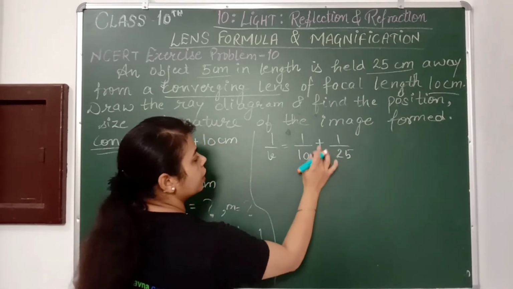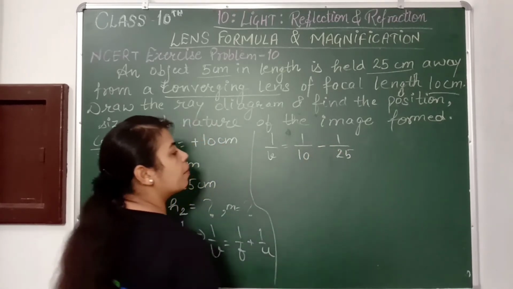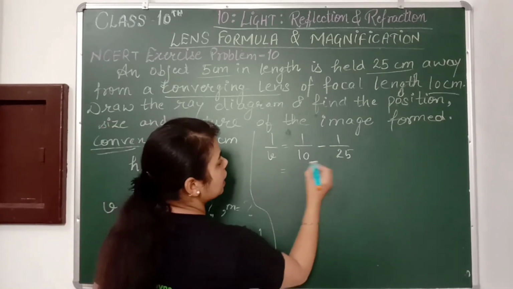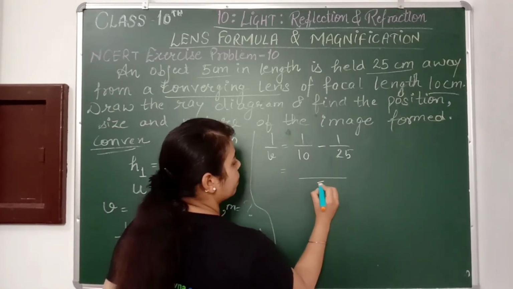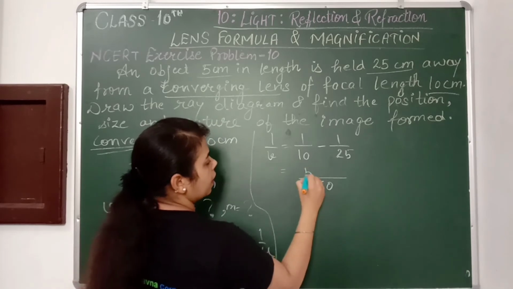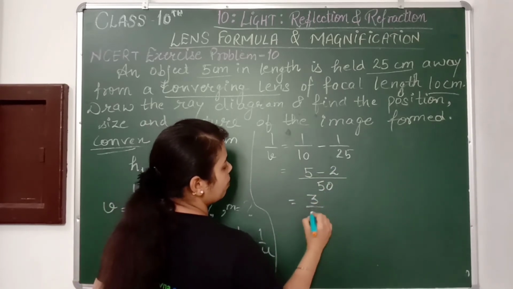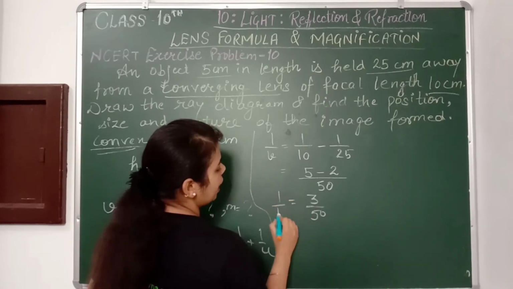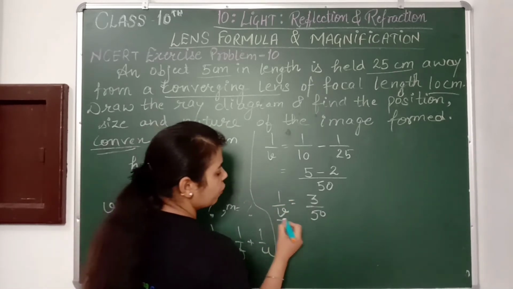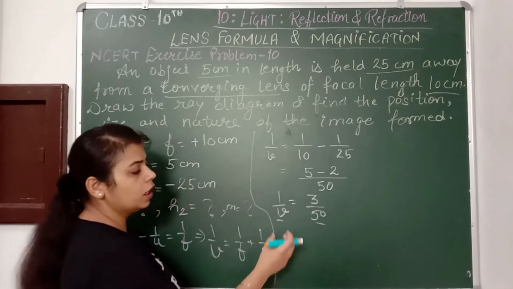Now we will solve it. These signs will combine to give a negative sign. LCM of 25 and 10 would be 50, and here it will come 5 minus 2. It will give you 3 by 50. It is the value of 1 by v. So to get v, we have to take reciprocal on both the sides.